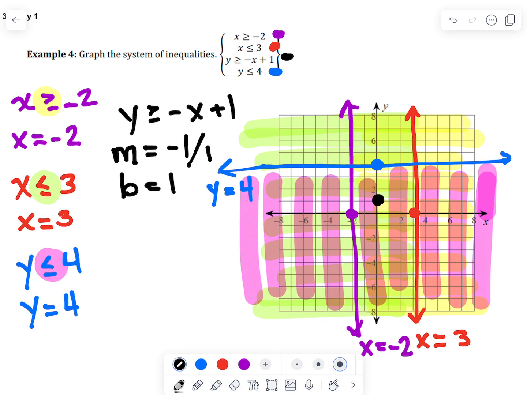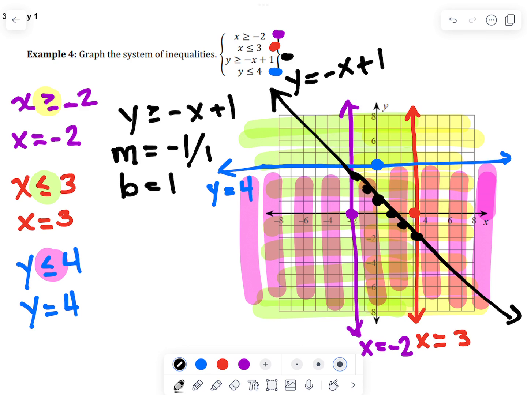So we're going to go up 1 on the y-axis, and then do our slope, down 1, right 1, down 1, right 1, or up 1, left 1. Another solid line. I'm going to write what that equation is.